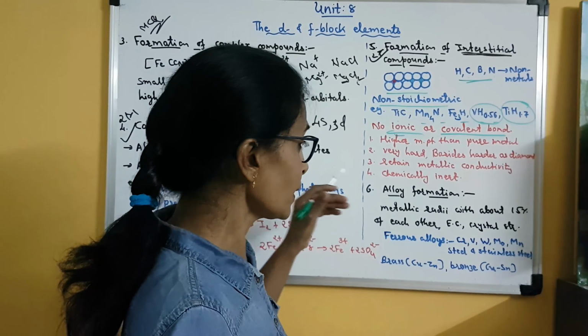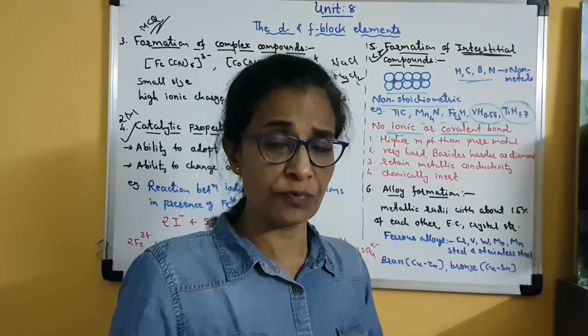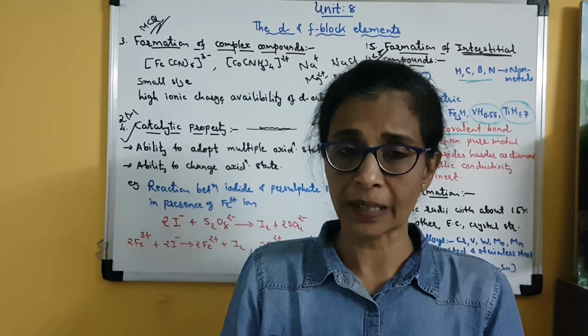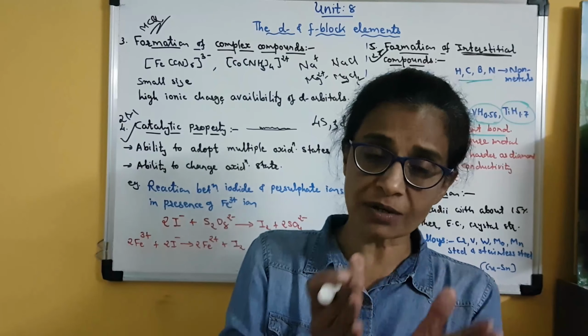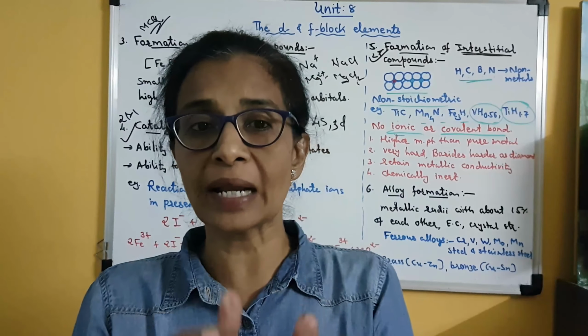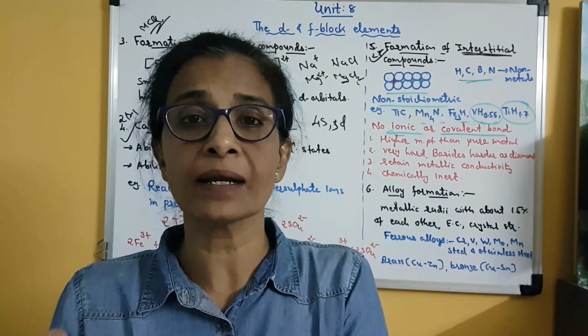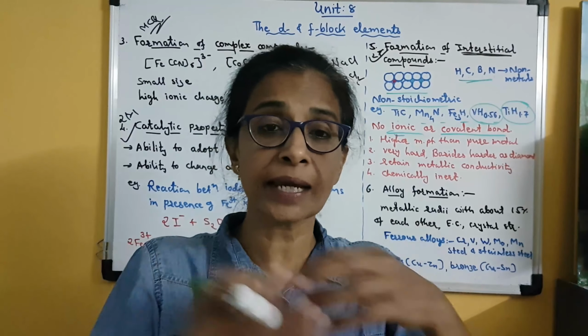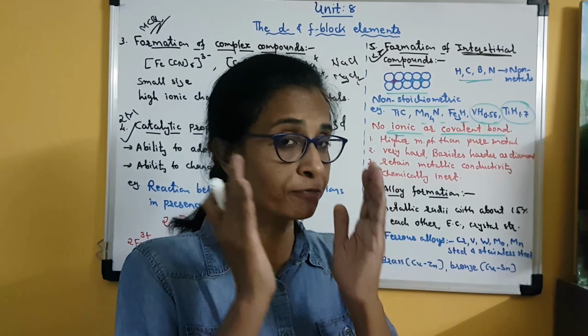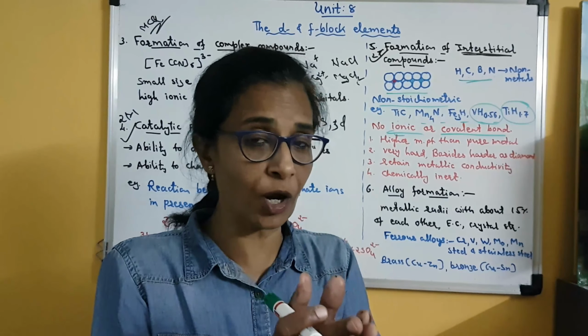Okay. Now all the metals, we cannot use them for alloy formation. There are certain rules. Clear? Only those transition elements which have 15% or less difference in their atomic radii can be mixed very easily. So we are talking about the first transition series, 3d block elements.